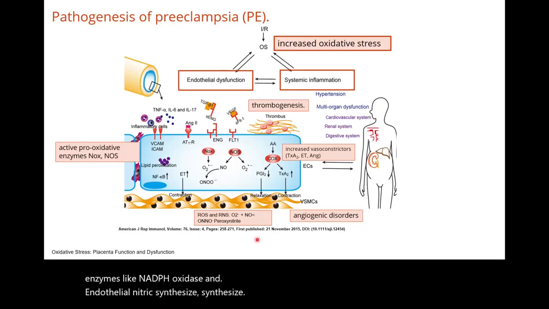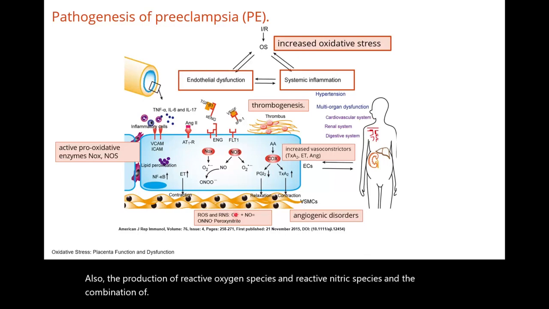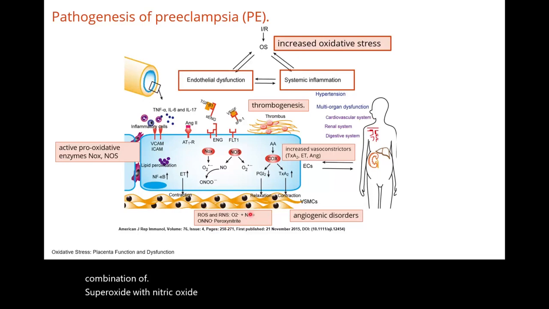Also, the production of reactive oxygen species and reactive nitrogen species, and the combination of superoxide with nitric oxide producing peroxynitrite. That's very damaging. And we can also be seeing angiogenic disorders.